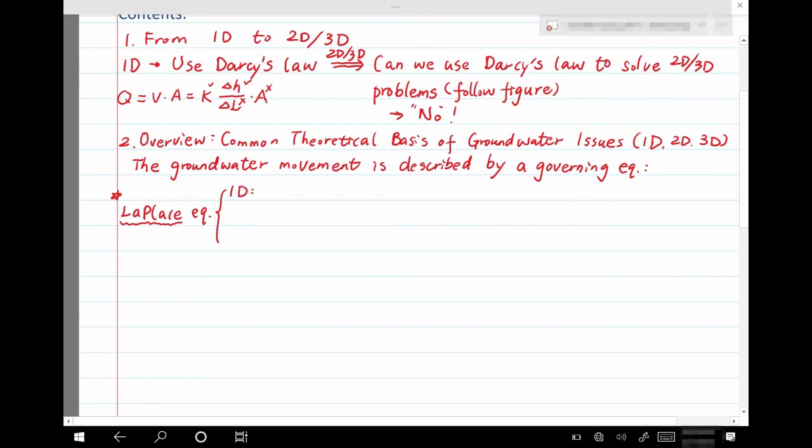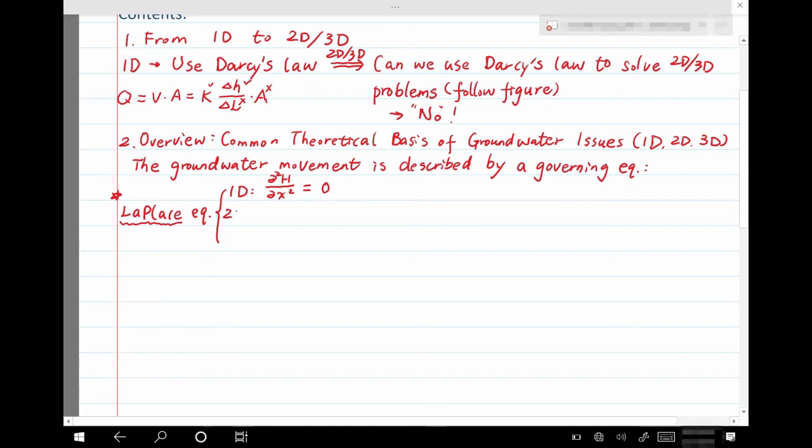So in the 1D case, it is an ordinary differential equation. It's the second derivative of h, where h is the water head, with respect to the spatial coordinate, that's x, because in 1D we only have one spatial coordinate. So the second derivative of h with respect to x is 0.